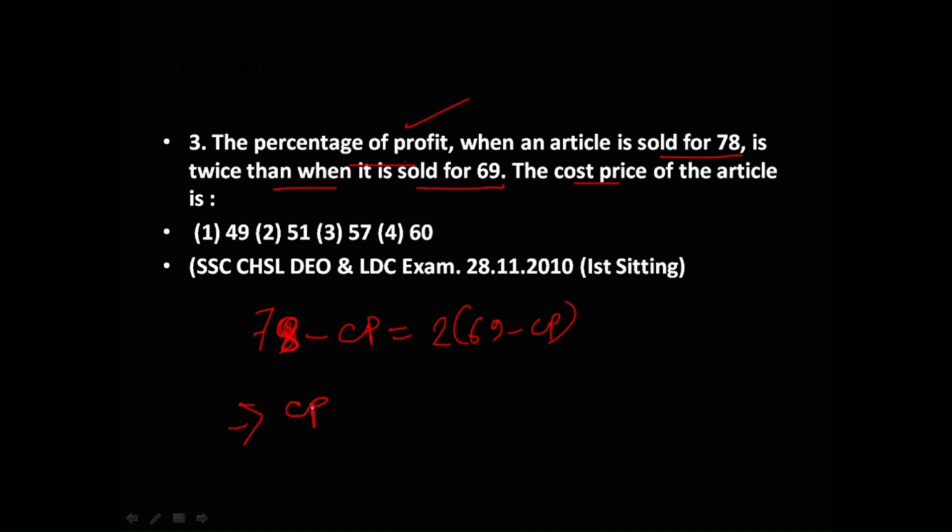So what will be the CP? CP will be 60, right? So number 3 is option 4, right? Moving to the next one.